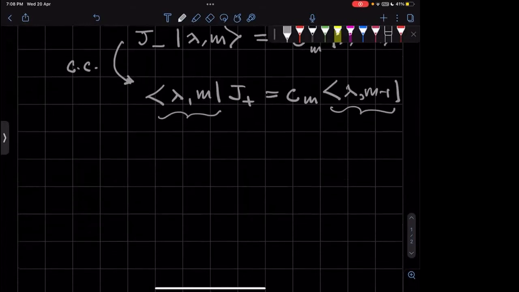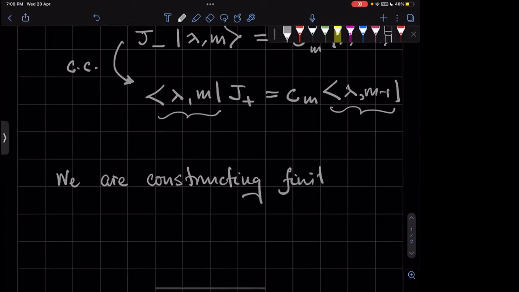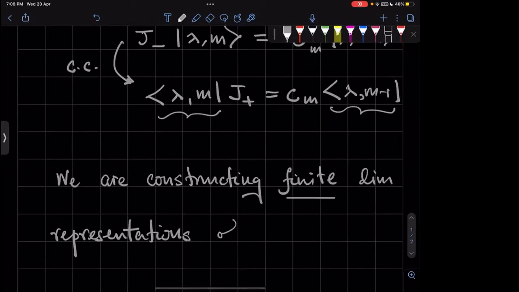Now, one of the things we assume, by assumption, is that we are constructing the finite dimensional representations of SU(2). So what does this mean?